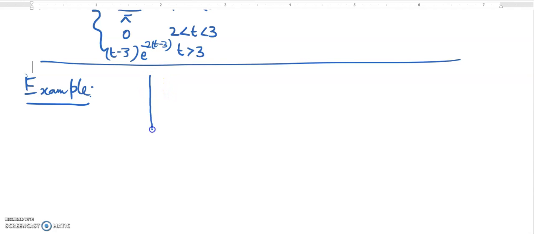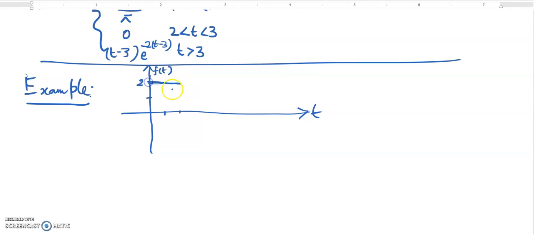So for example, if you have a plot of this function, so for example, this is 1, this is 2, so there is a function which is a constant at 2 until the value of t equal to 2. So this axis shows t, and this axis shows the value of the function.